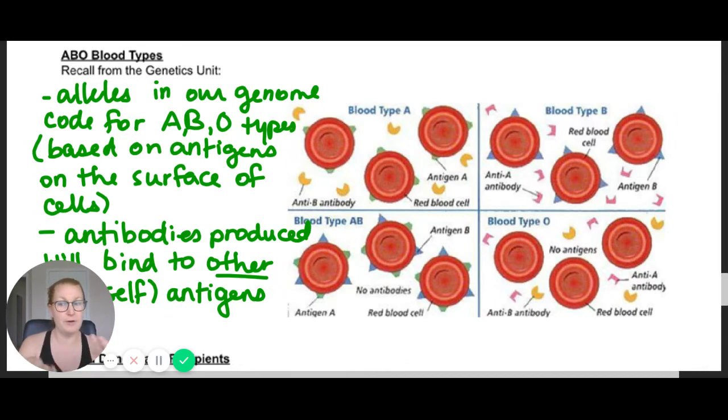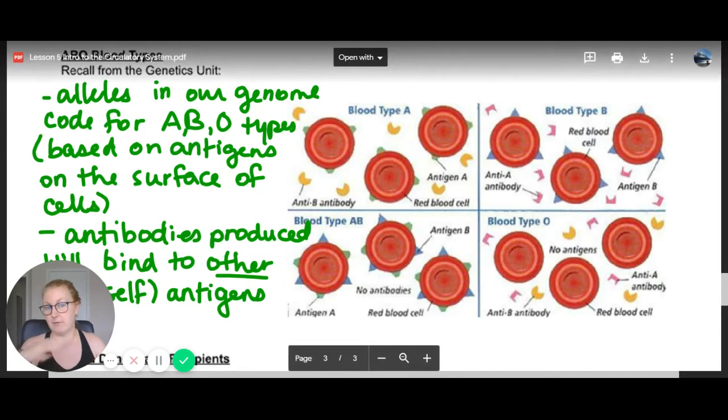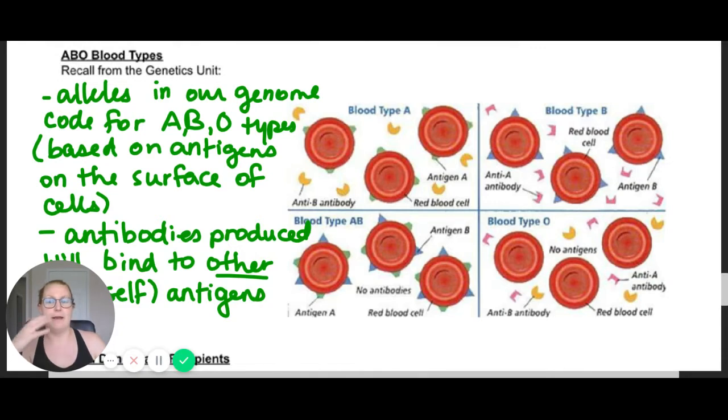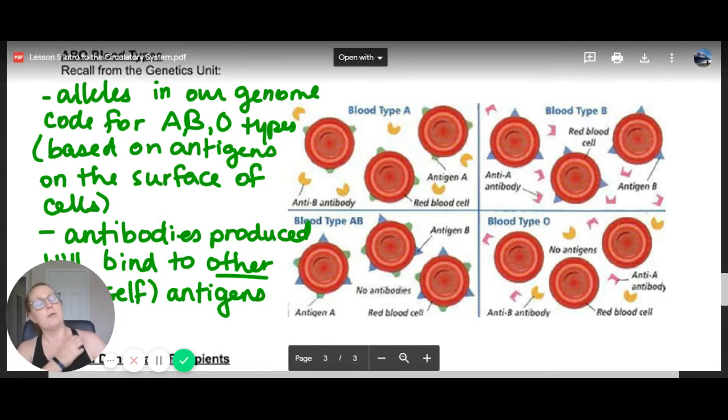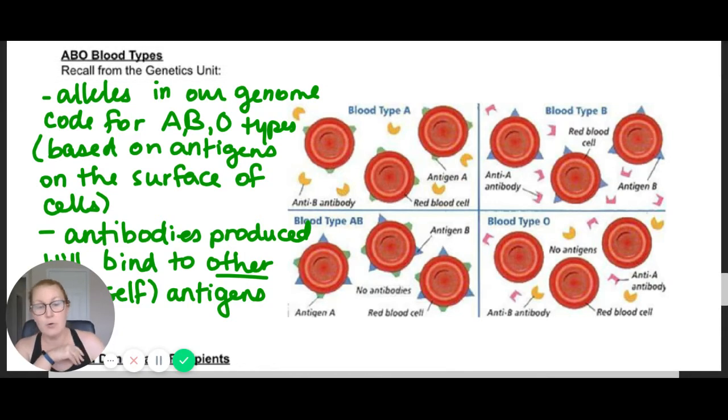So as sort of a quick reminder, these are based on alleles that we have in our genome for the ABO types. And what it actually determines are the antigens on the surface of our blood cells. Now, each of us, depending on what our blood cell type is, we are also going to produce antibodies.